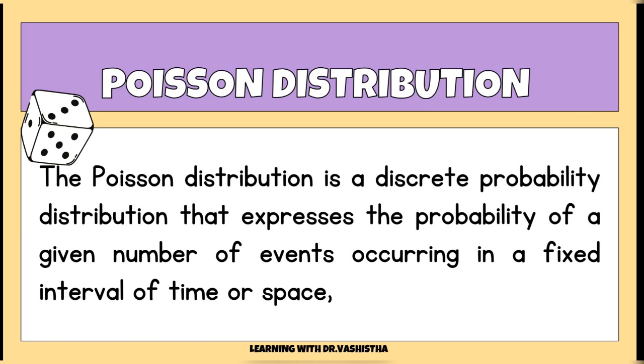Or we can define it in another way as the probability distribution that results from a Poisson experiment. A Poisson experiment is a statistical experiment that classifies the experiment into mainly 2 categories, can be success or failure. And thus Poisson distribution is a limiting process of the binomial distribution.